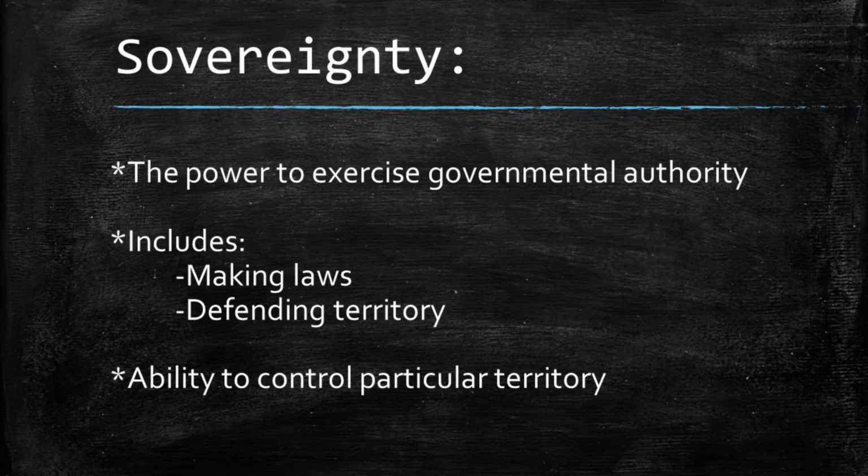Sovereign power simply means the power to exercise government authority. It includes things such as making laws. It includes defending territory. It is the idea that you control this particular geographical space. This is your country's territory. You are recognized as a sovereign power.